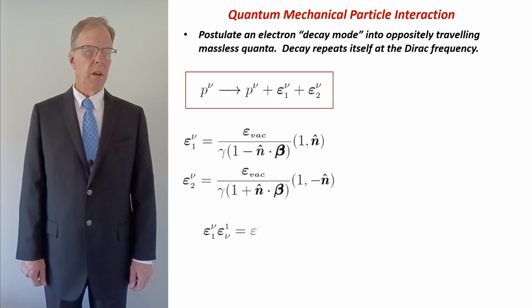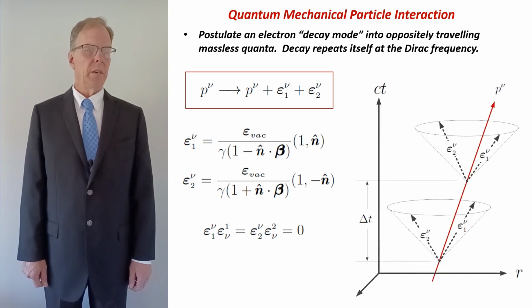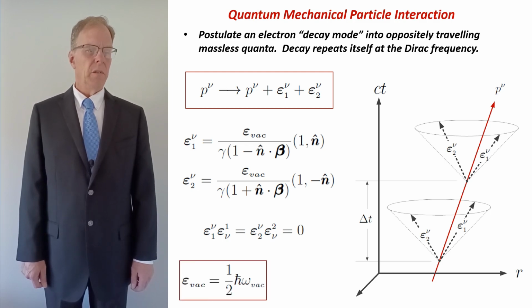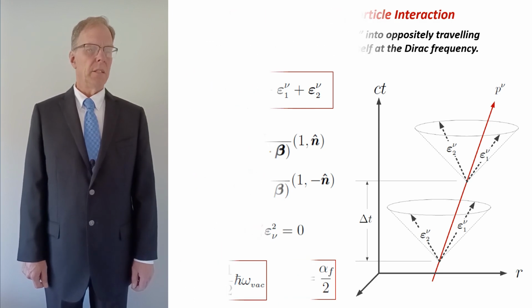Both vectors are null vectors and they move along the light cone as shown by the space-time diagram. The invariant energy, E sub vac, is given by this simple formula and has a value of about 140 MeV. The ratio of the invariant Dirac frequency to the invariant radiated frequency is proportional to the fine structure constant.